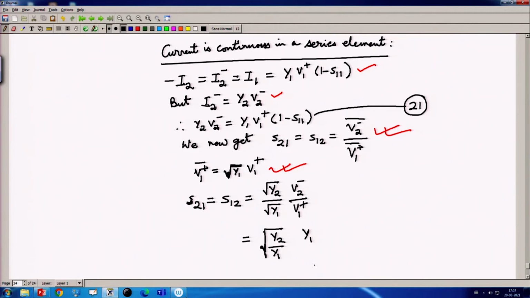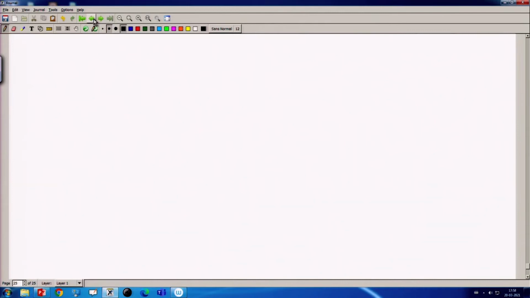So V 2 minus divided by V 1 plus, that is y 1 (1 minus S 1 1) by y 2, and that will be equal to S 1 2 equal to S 2 1 equal to root of y 1 by y 2 times (1 minus S 1 1).